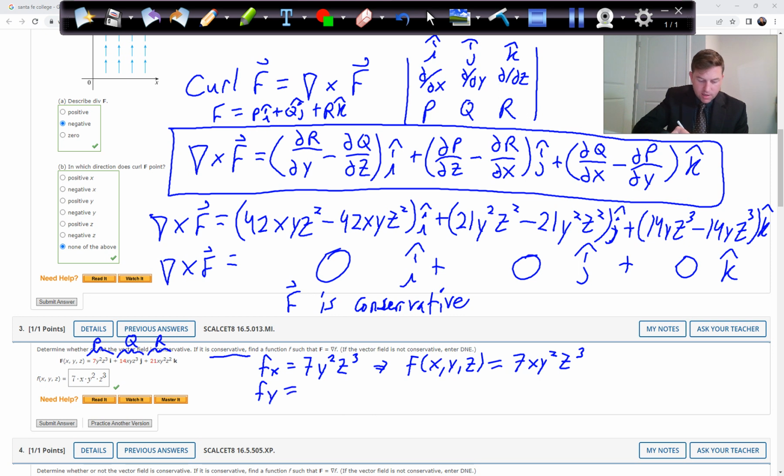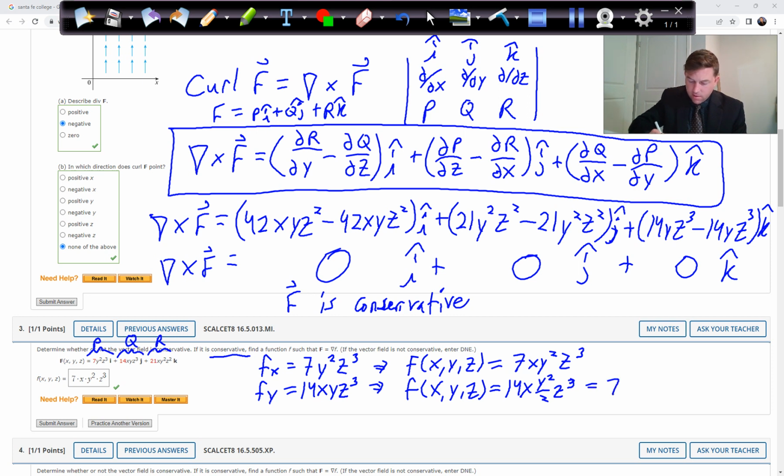f_y would equal the second term, 14xyz cubed, which implies the function f(x,y,z) would be equal to the antiderivative of this with respect to y, which would be 14xy squared over 2 z cubed, and that's going to equal, this 1/2 can come out front, 7xy squared z cubed.